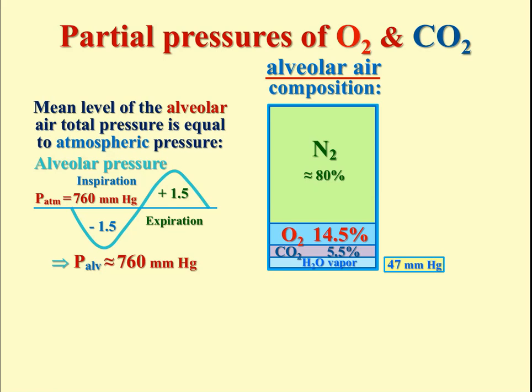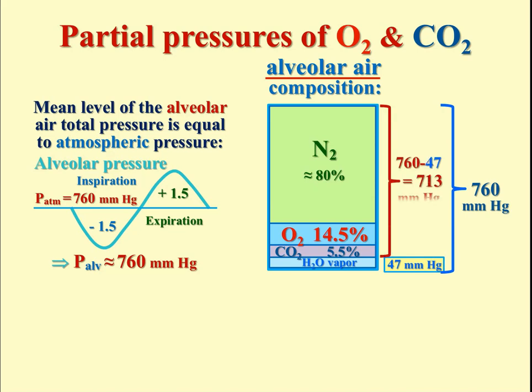Because we have standard temperature and standard pressure, the value is known. And if the total pressure of all the components taken together is 760 millimeters, we can calculate the pressure that goes only for gases, without water vapor. The standard value 760 minus 47 for water vapor makes only 713 for the remaining gases.